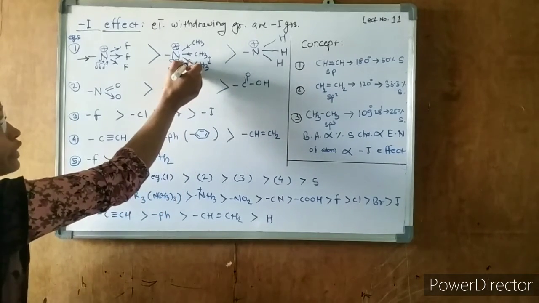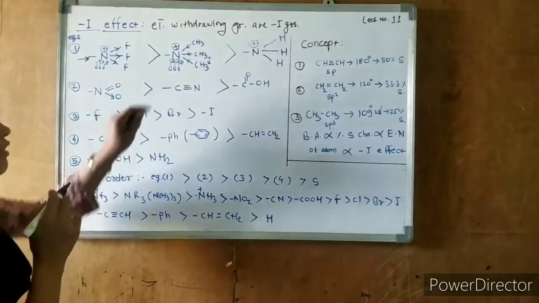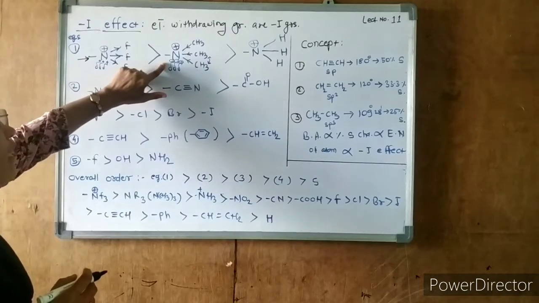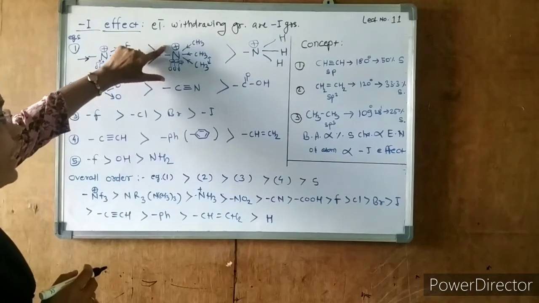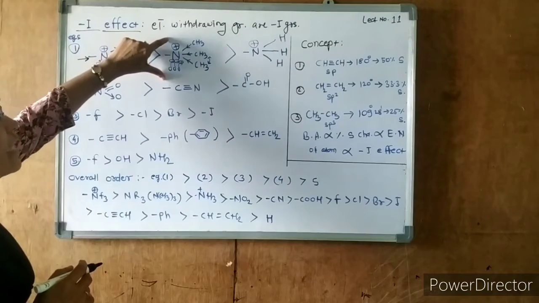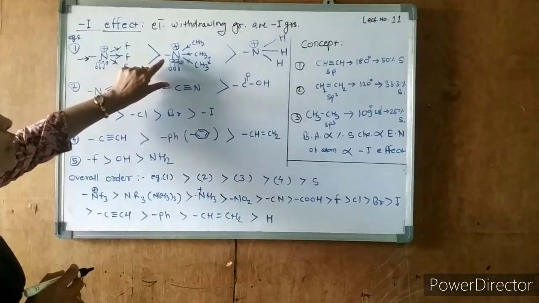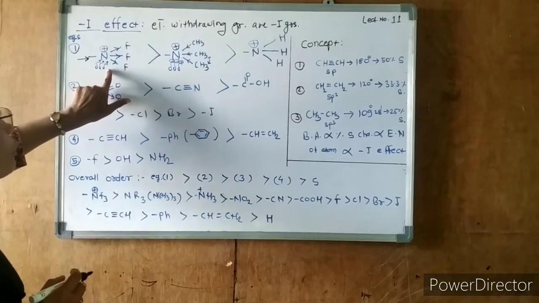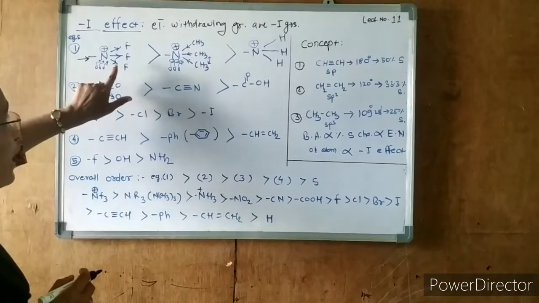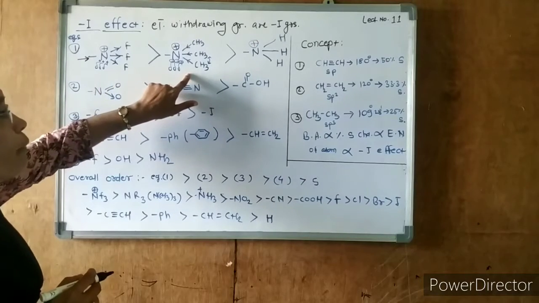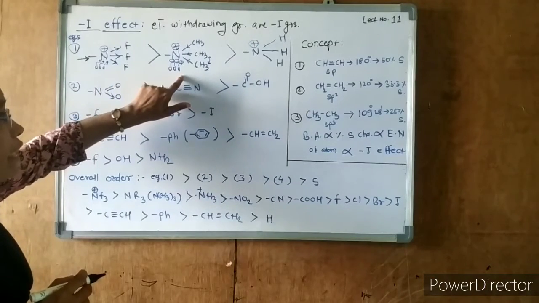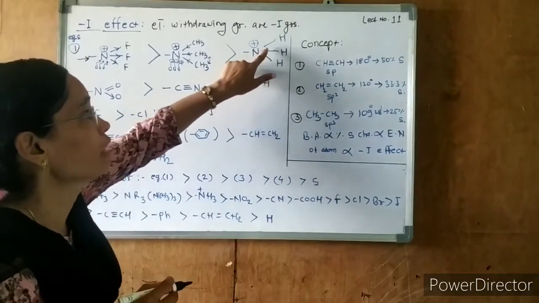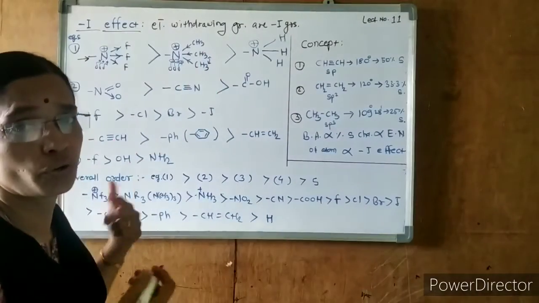So the nitrogen will acquire partial delta negative charge, and so there is less tendency of nitrogen to withdraw electrons as compared to NF3. As compared to NF3, this NR3 group has less tendency to withdraw electrons. Now, in the NH3 example, the hydrogens will not withdraw or donate electrons.